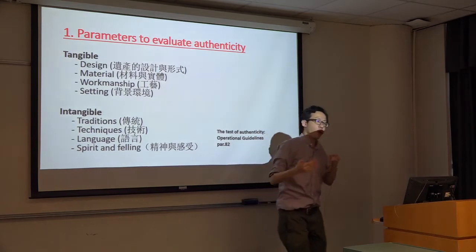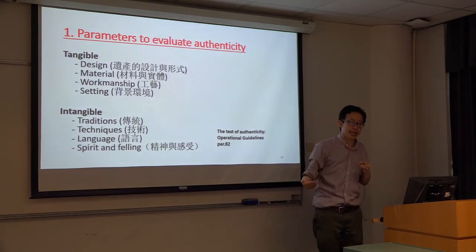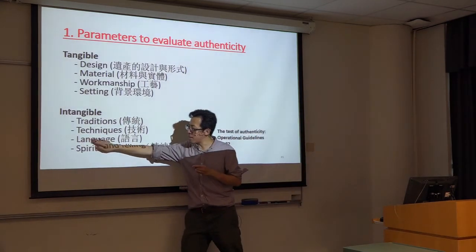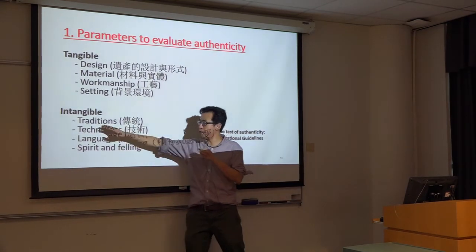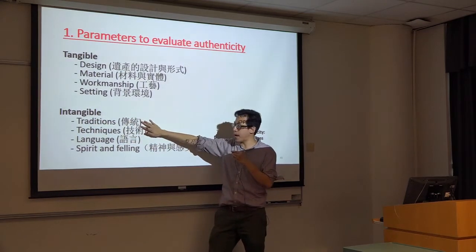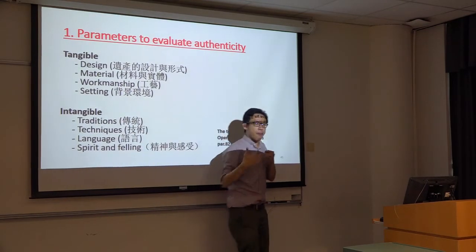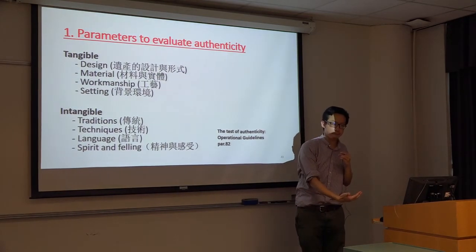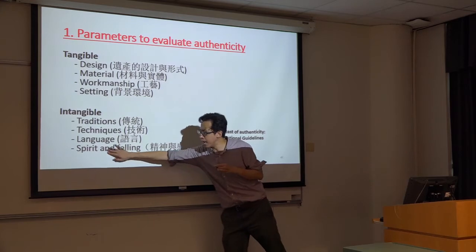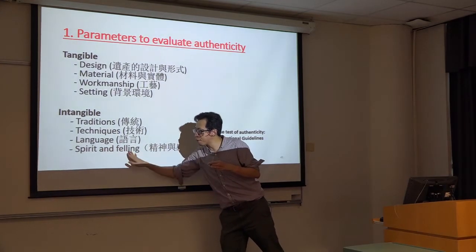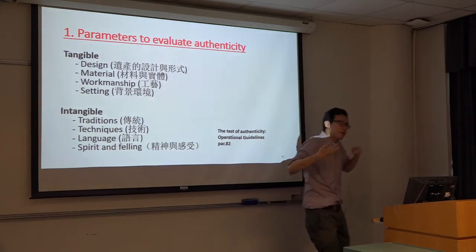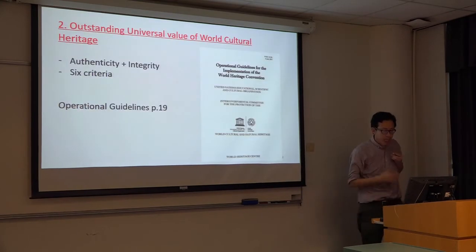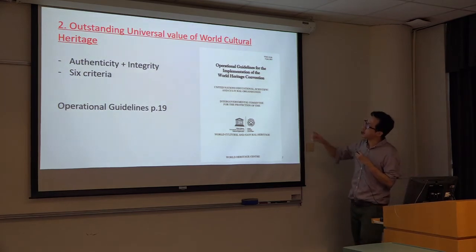If the intangible cultural heritage is related to singing and performance, we need some background information about the language. Then we need a basic understanding of the tradition, how people practice the intangible cultural heritage in their society. And then we also need to understand the basic feeling and spirit, how people feel and conceptualize the intangible cultural heritage.